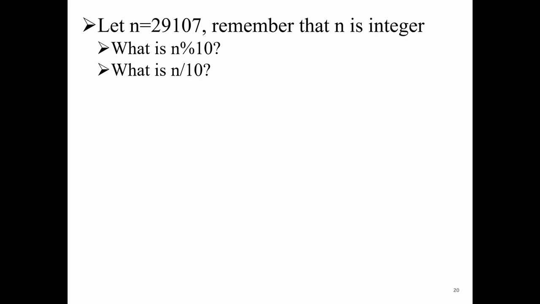So if we start with n equal to 29,107, what will be the mod operation base 10? Yes, 7. And what will be n divided by 10? This is integer division, so we're going to ignore the remainder.